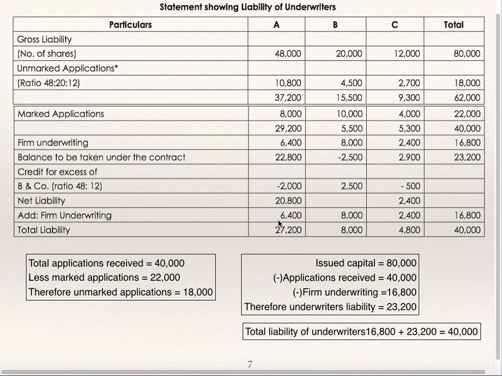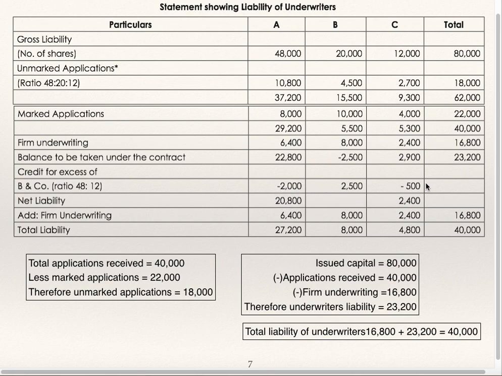Then add firm underwriting, which is also given. So total liability is 27,200 for A, 8,000 for B and 4,800 for C. Issued capital is 80,000, applications received are 40,000 minus firm underwriting 16,800. Therefore, underwriters' liability is 23,200. How will they share 23,200?